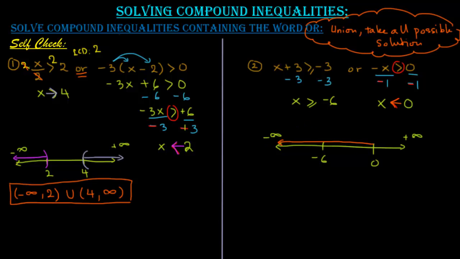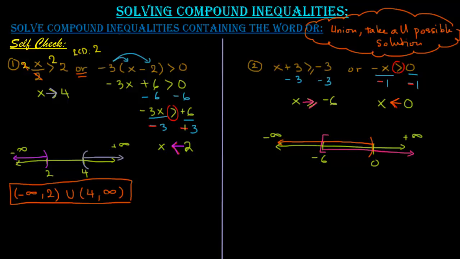And at -6, put the tail for the inequality. That point goes to the right. With the equal sign, that will be a bracket. And I missed the 0 part. At 0, without the equal sign, that will be a parenthesis.